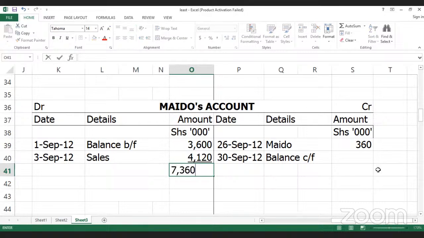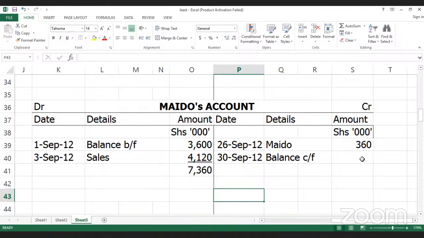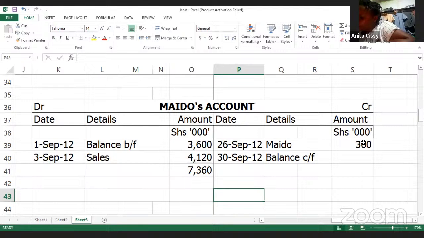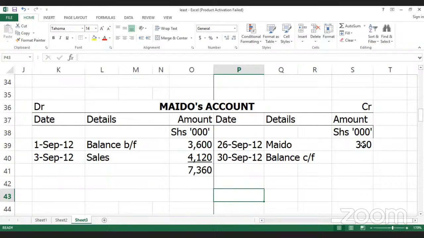But now the balance. Remember, on the credit there is a 300. So how much will be the balancing figure? It's 4,000. Oh, not 66, this is 360.